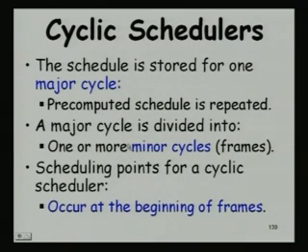We are not saying right now whether there will be an integral number of minor cycles, whether the minor cycle will squarely divide the major cycle, we just said that it is divided into some minor cycles. Here the tasks cannot start running at any point in the clock time, whereas in table driven scheduling the tasks can start any time based on when the timer interrupt comes. But here the tasks can run only at the start of a frame or a minor cycle.